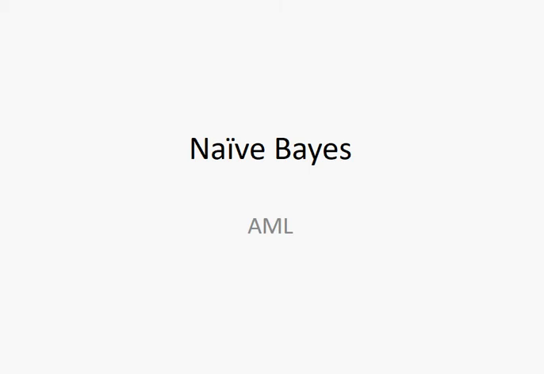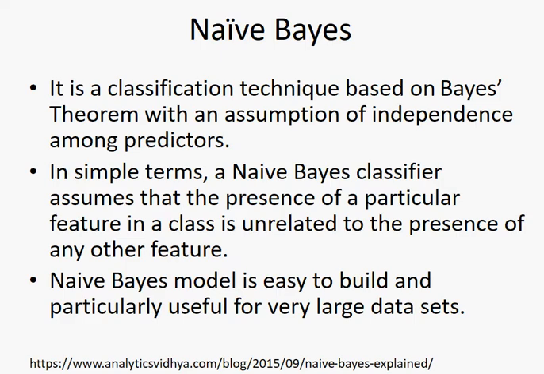Hello, in this video we're going to be looking at our second classifier, which is going to be the naive Bayes classifier or naive Bayesian classifier. This classifier is based on Bayes' theorem, which is using probabilities, and it is based on the assumption that the predictors are independent from each other.